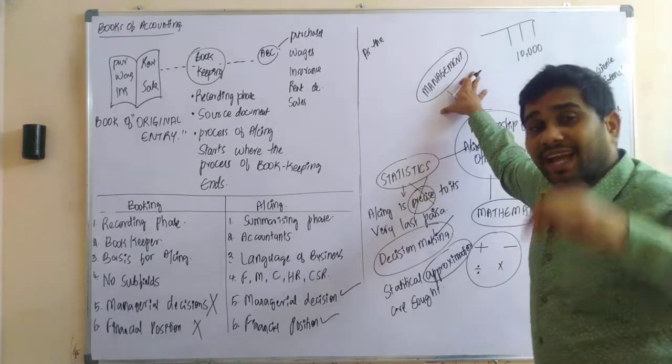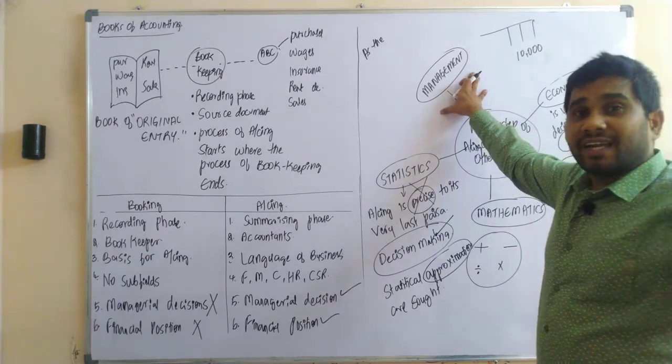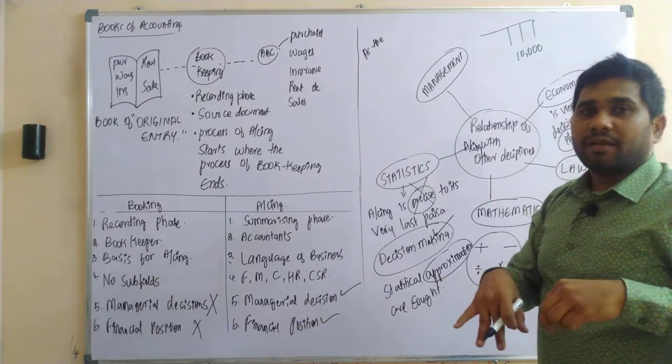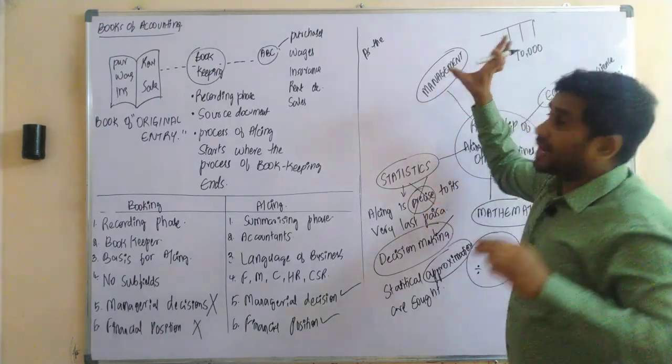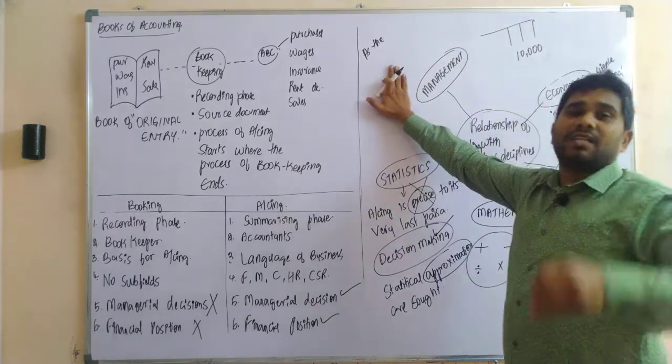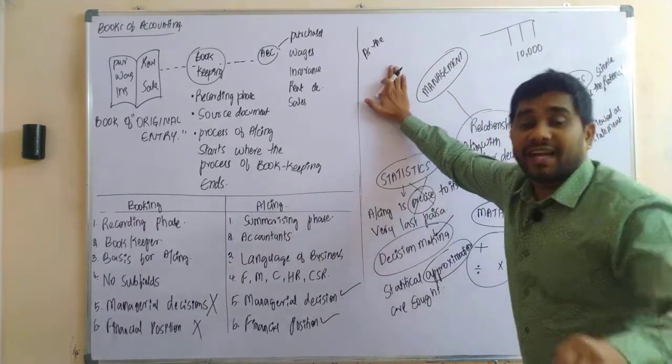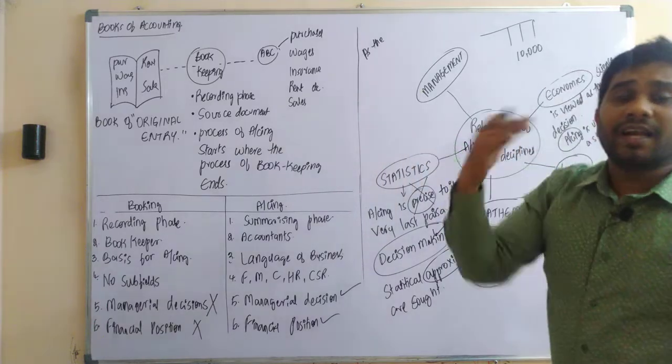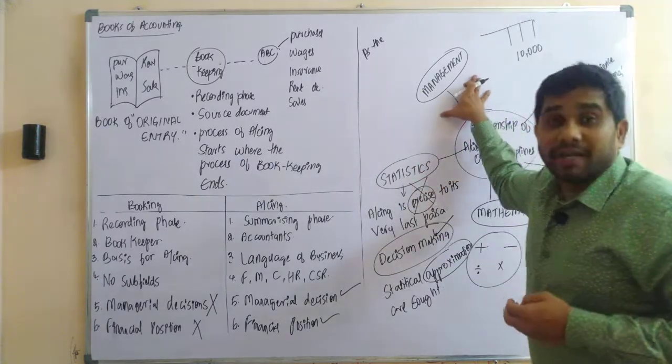And the data can be molded for the purpose of management. As the accountant is nothing but a part of management, as he understands the data, that data can be molded for the purpose of the management.